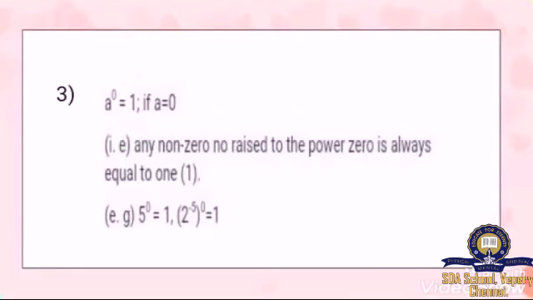That is, any non-zero number raised to the power 0 is always equal to 1. For example, 3 to the power 0 is equal to 1. Likewise, 3 raised to the power minus 5 whole raised to the power 0 is also 1.